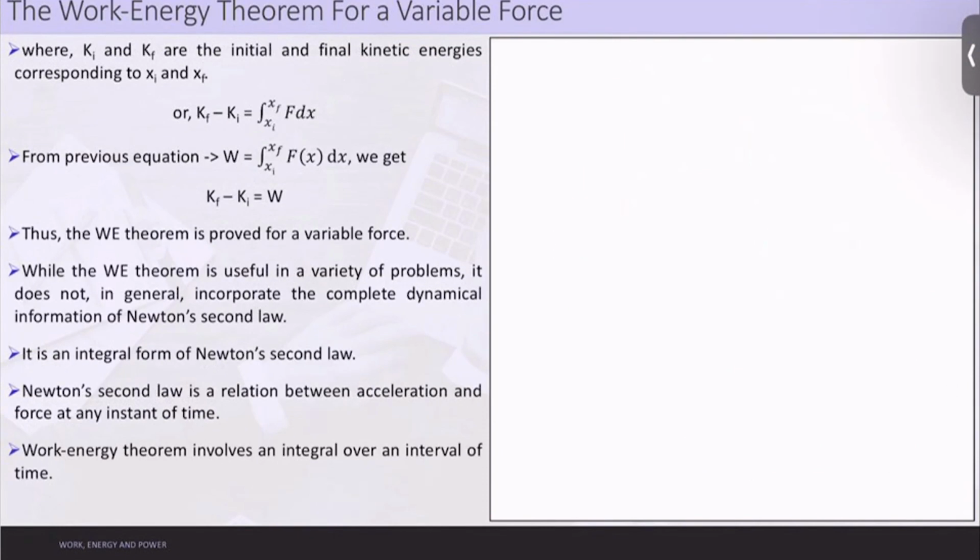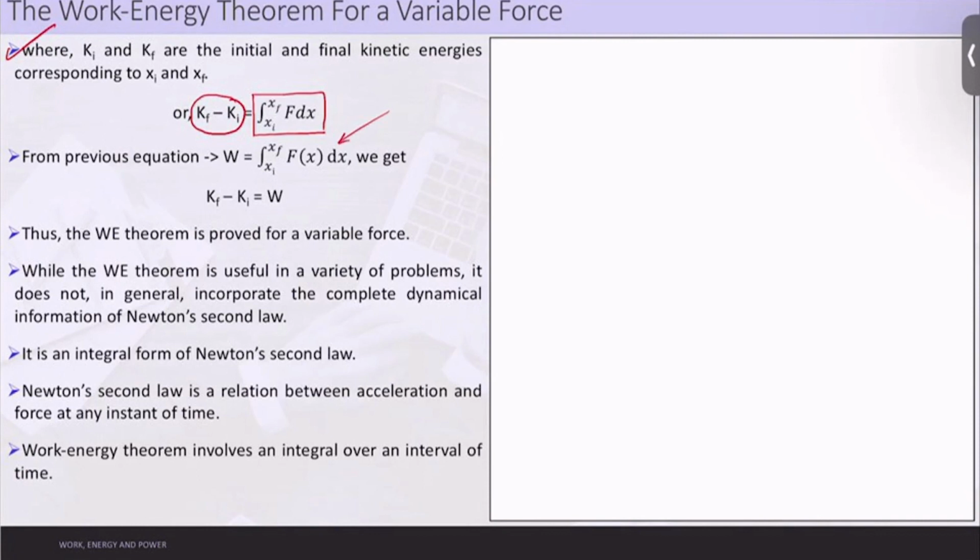Here Ki and Kf are the initial and final kinetic energy corresponding to xi and xf. So this change, Kf minus Ki, is equal to the integration of F dot dx from xi to xf. Okay. So from the previous equation, what was the work done? Work done was basically the integration from xi to xf of F(x) dx.